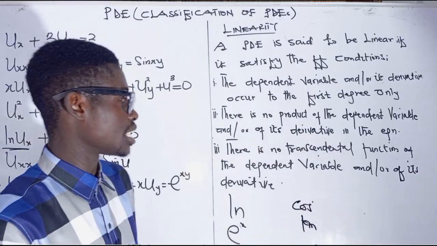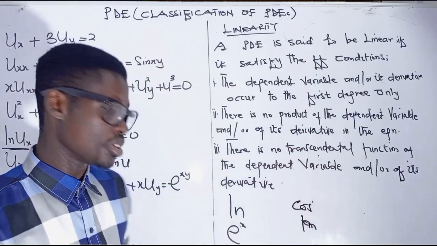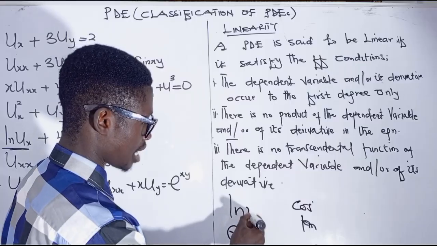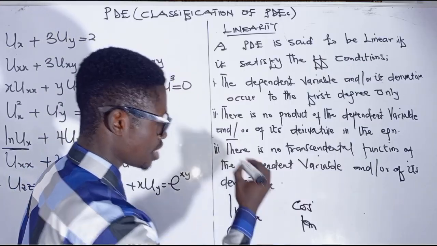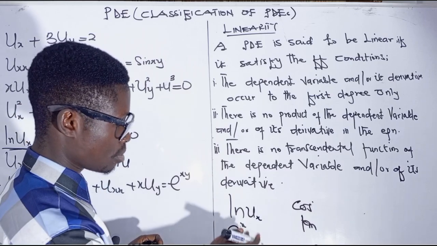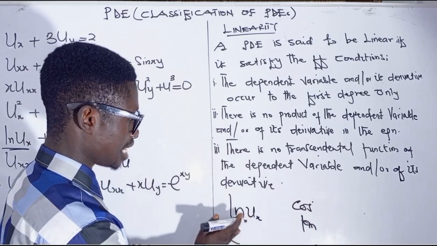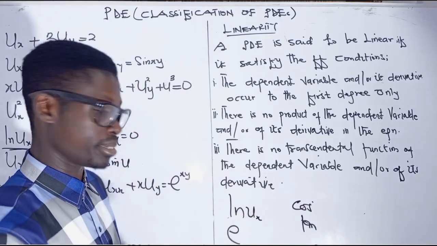So what we are saying is that there is no transcendental function of the dependent variable. We shouldn't have something like ln u, neither should we have ln u_x. The moment you have ln u or ln u_x or ln u_y, then that PDE ceases to be a linear PDE but rather a nonlinear PDE.